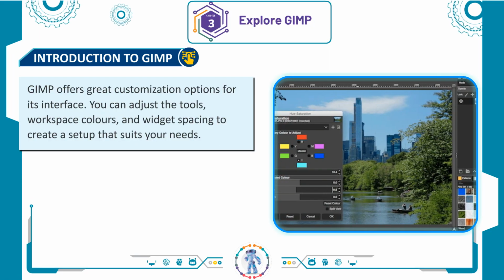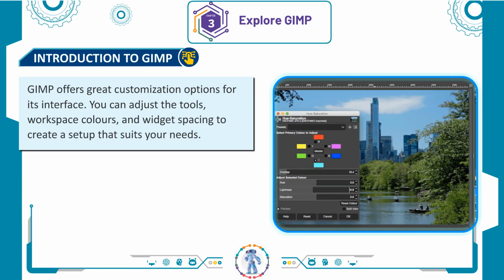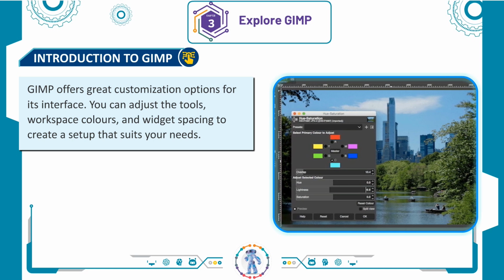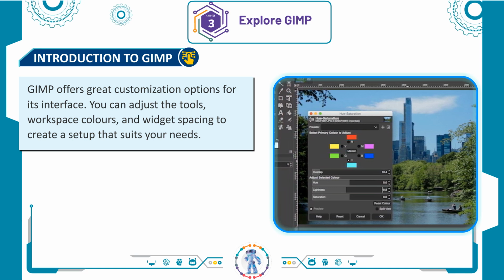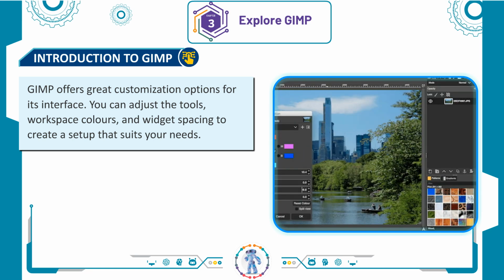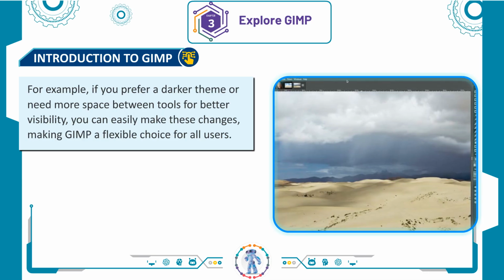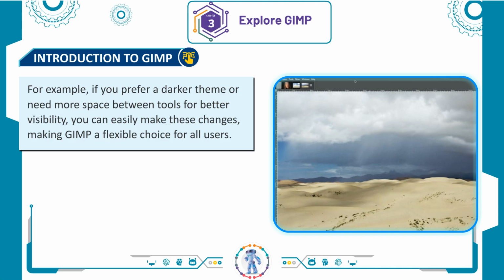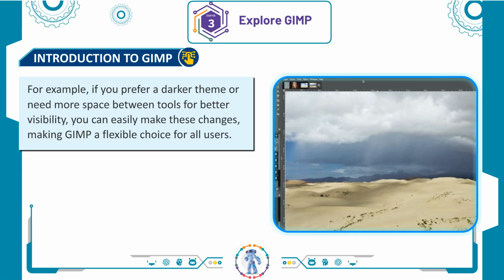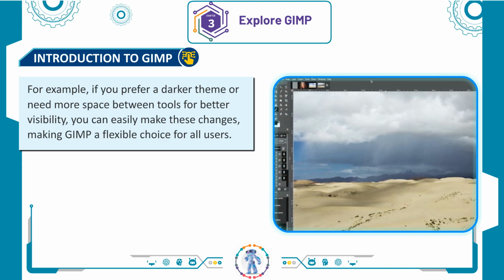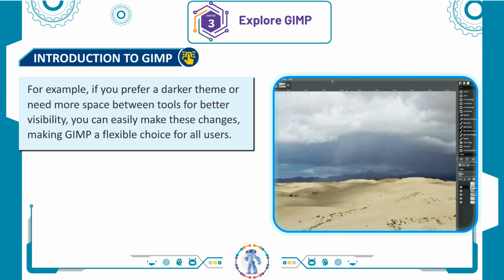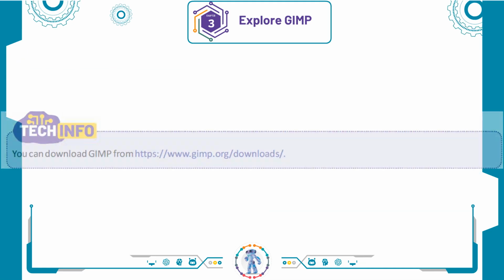GIMP offers great customization options for its interface. You can adjust the tools, workspace colors, and widget spacing to create a setup that suits your needs. For example, if you prefer a darker theme or need more space between tools for better visibility, you can easily make these changes, making GIMP a flexible choice for all users.